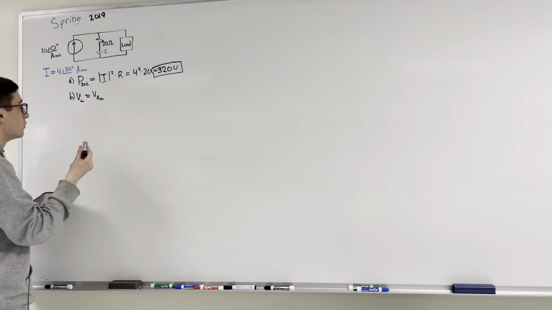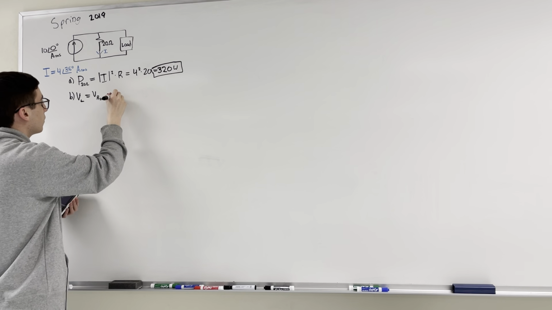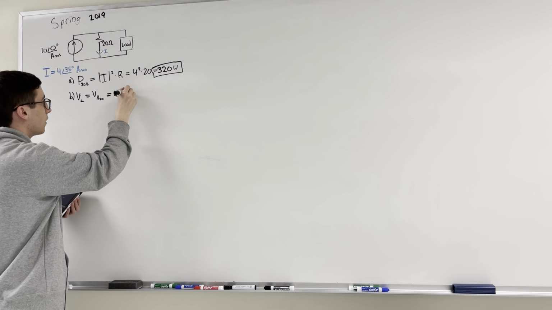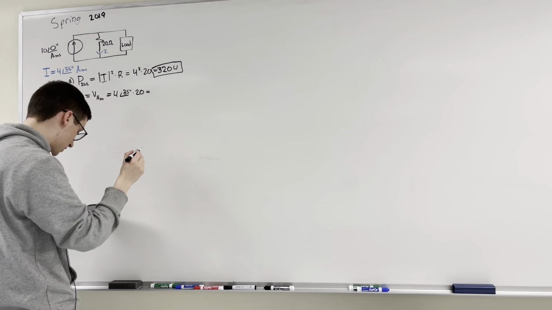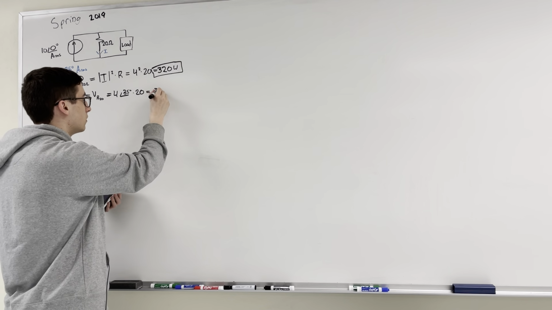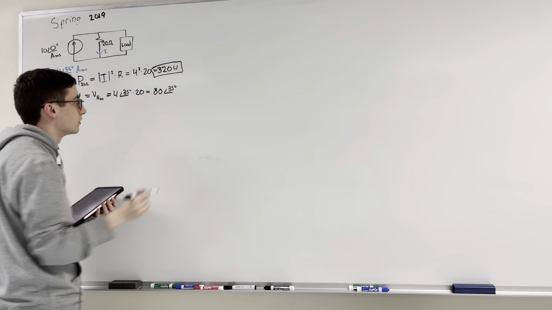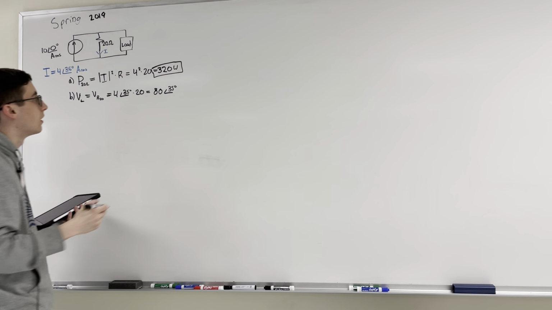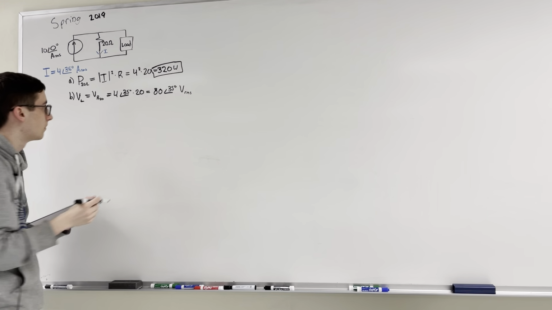That's simply equal to the current, which is 4 phase angle 35, times the resistance, 20. And that's equal to 80 with a phase angle of 35 degrees. And that unit is volts RMS.